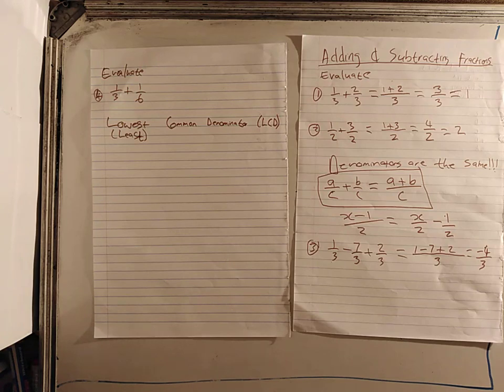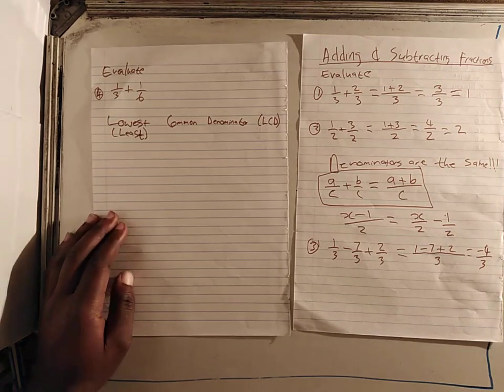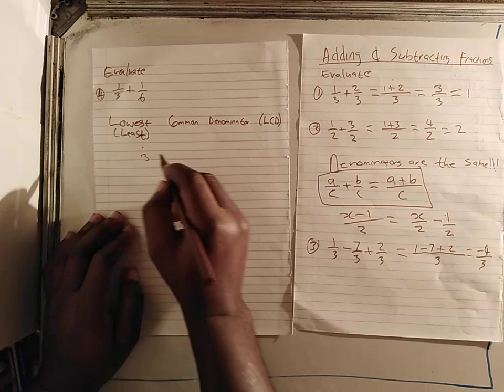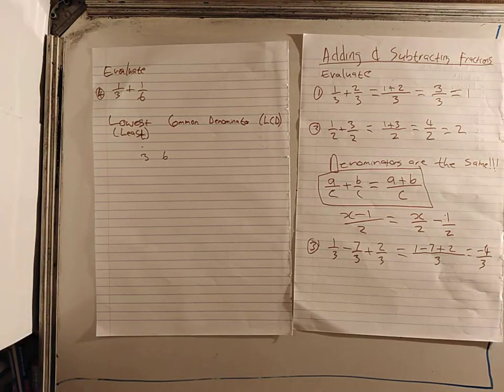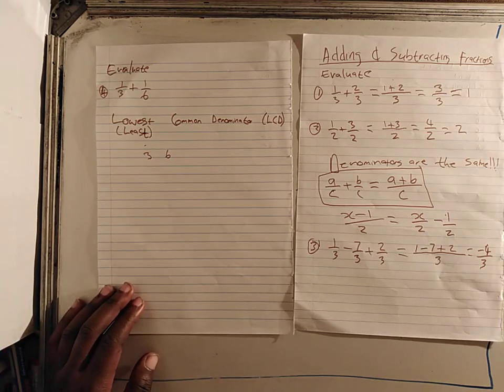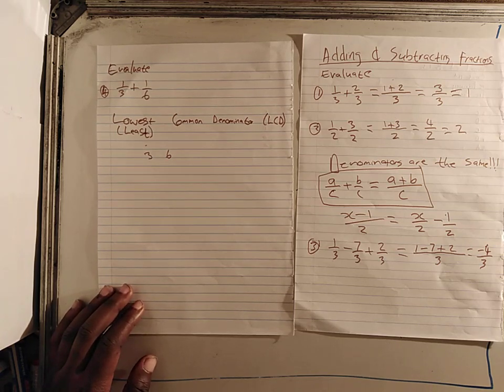Right, now, how do we find the lowest common denominator? You must take the denominators as they are. So here you've got 3 and 6. What you must do is multiply these denominators until you find the same number amongst them.